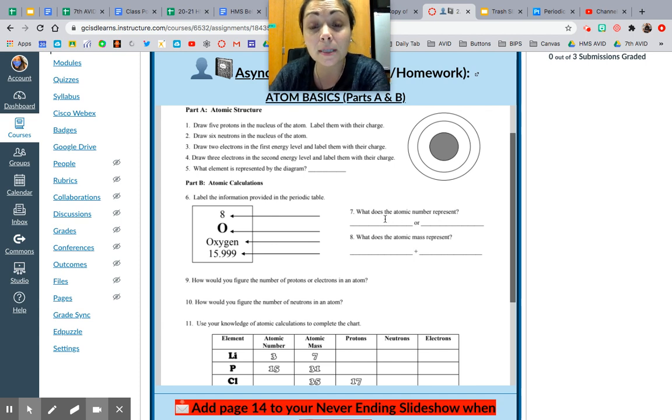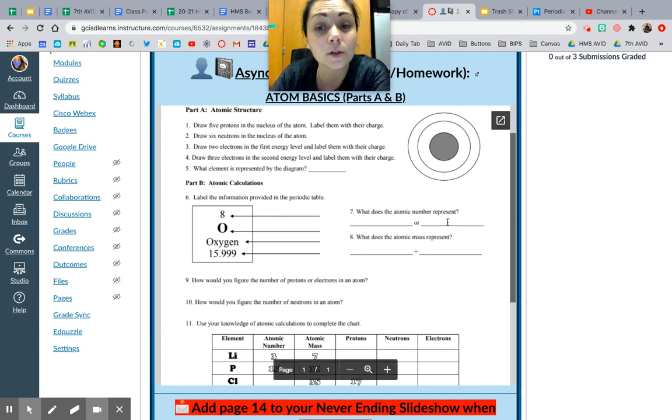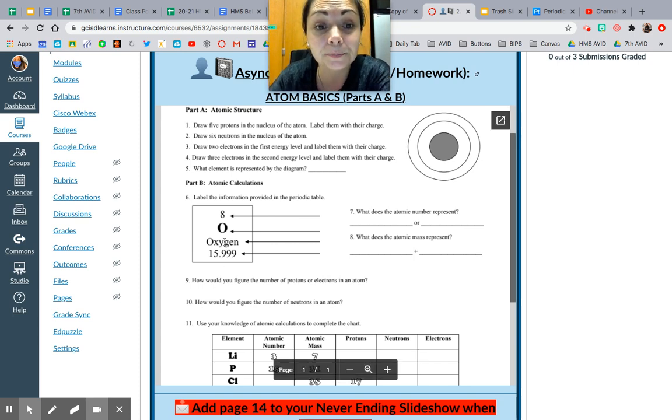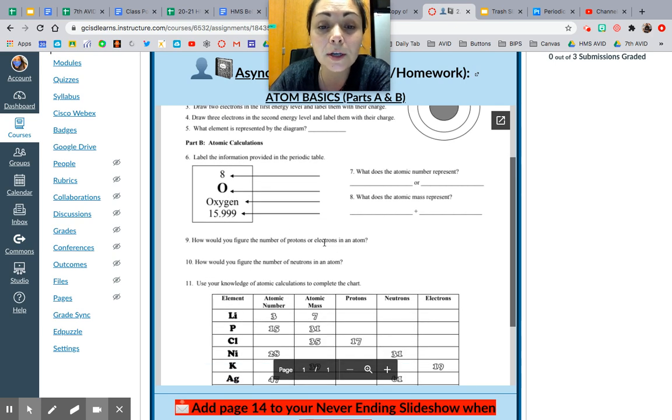The atomic number represents the number of protons and the number of electrons. And the atomic mass technically represents, y'all, the number of protons plus the number of neutrons. Because remember, to find the number of neutrons, you take this atomic mass, round it, and subtract the atomic number from it. So how do you figure out protons?